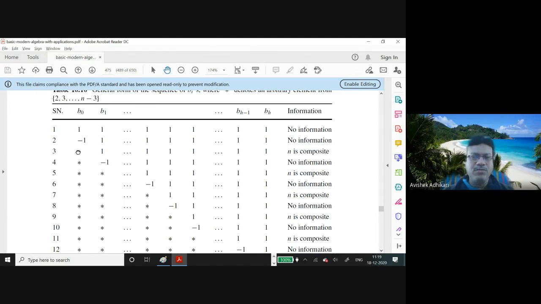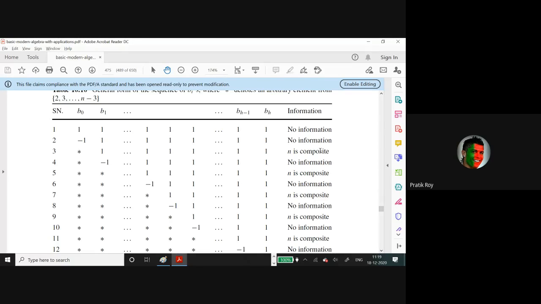Again I am repeating: you start with some value, and through this calculation, that means h plus 1 steps, you find that you ultimately end up with 1 at the b to the power h step, then your conclusion is n is composite. Can anybody explain why it is so? What is the justification? I have already explained all the justification. You just have to connect all the things. So it will have a solution other than 1 and -1, as x square is 1.